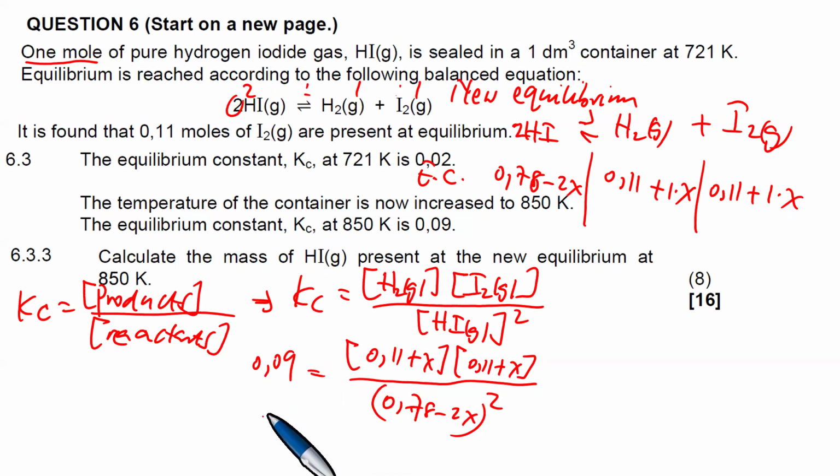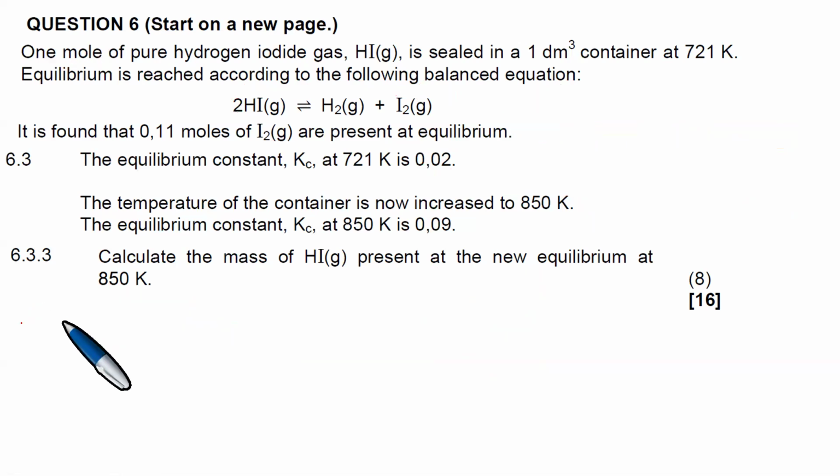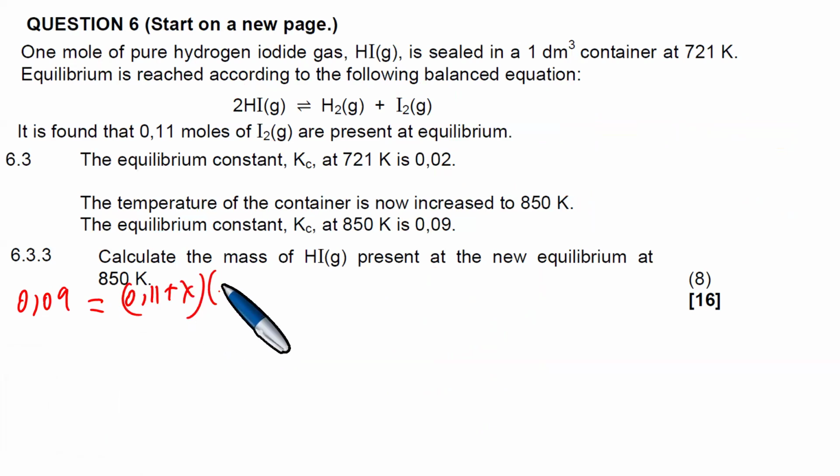This is a quadratic equation we need to solve. I know that this is a messy task. So if we say 0,09 is equal to 0,11 plus x plus x, and then we divide everything by the denominator.